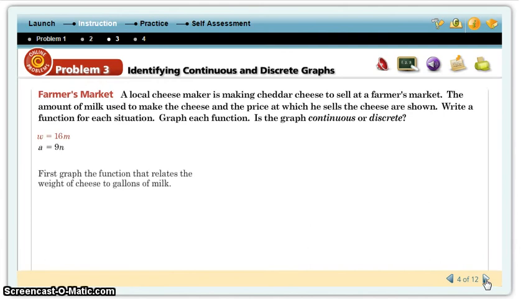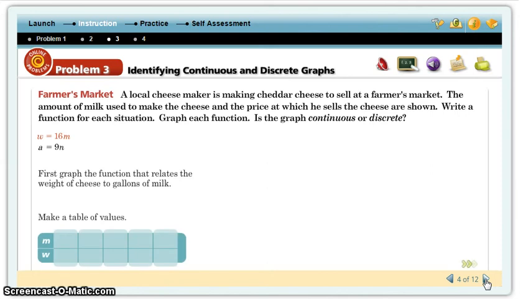First, graph the function that relates the weight of cheese to the number of gallons of milk. Make a table of values. Find the value of W when M equals 0. Then find the value of W when M equals 1, 2, 3, and 4.